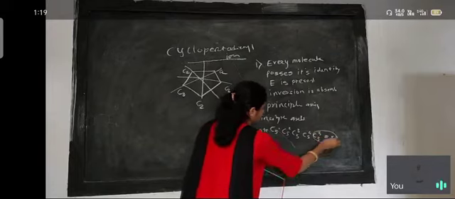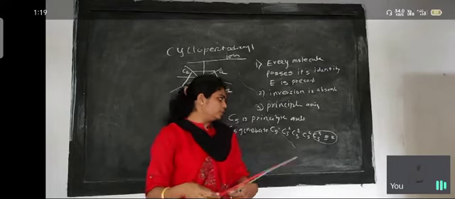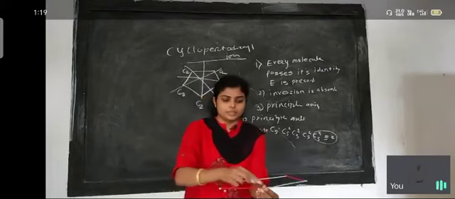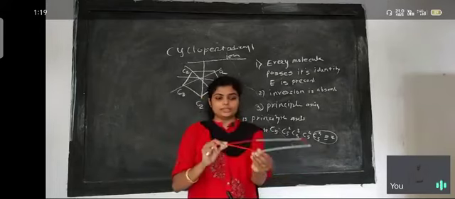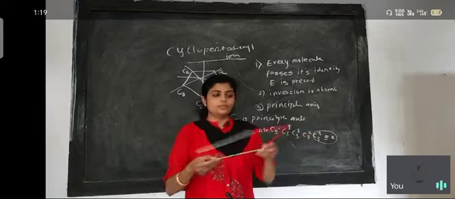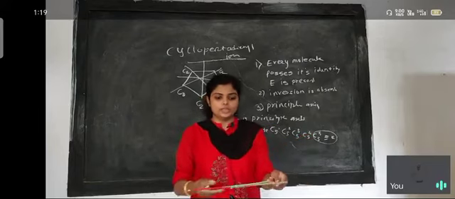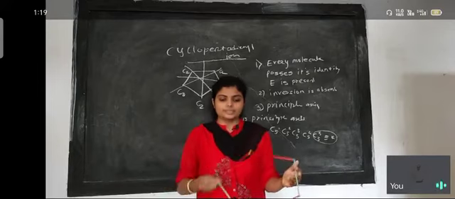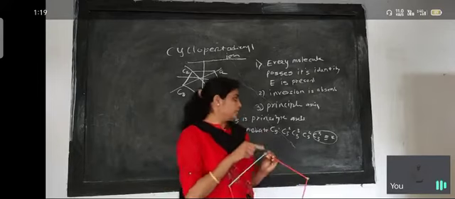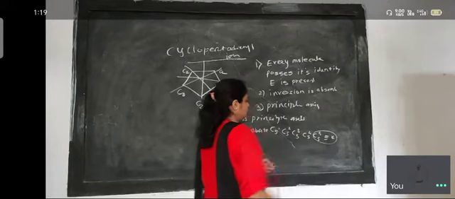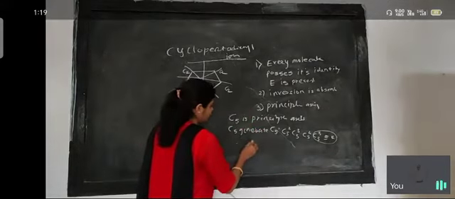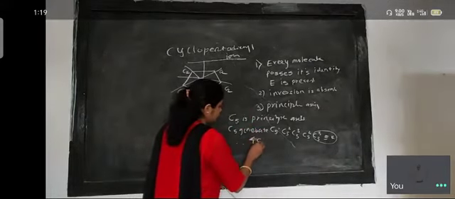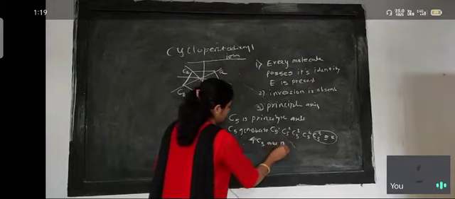When you rotate this carbon 1 by C5 five times, the C5 goes to the identity. Therefore, only 4 C5 are present.